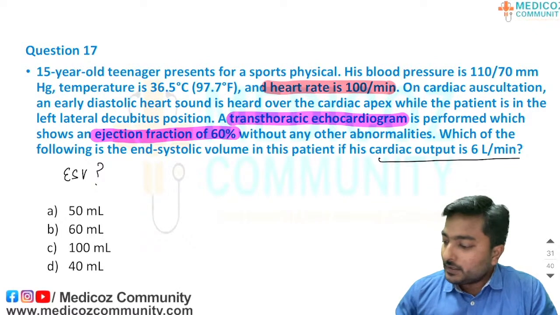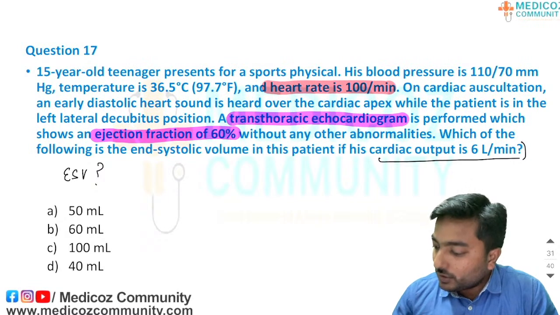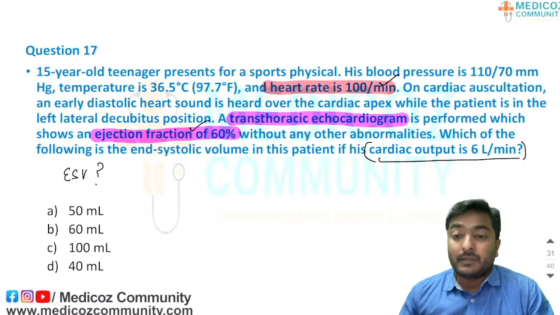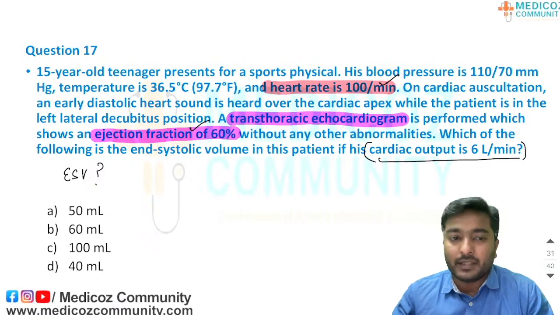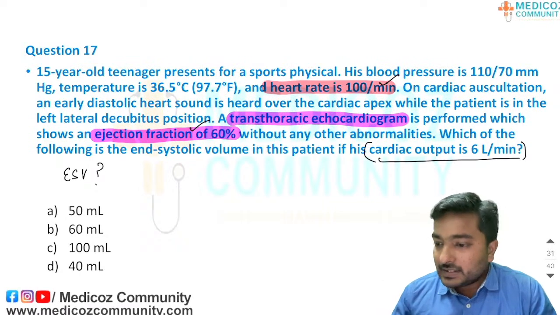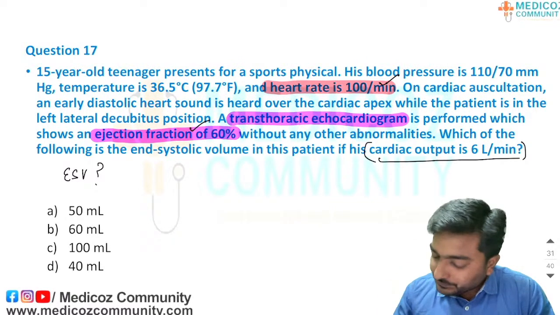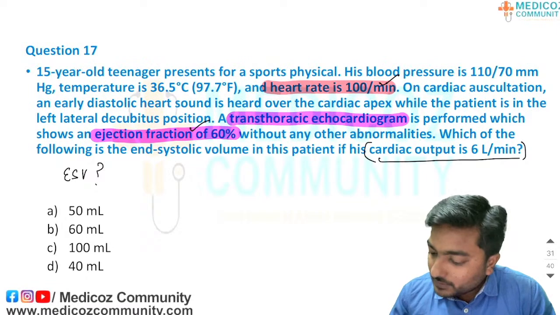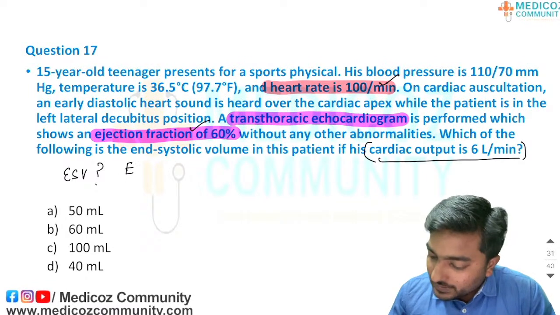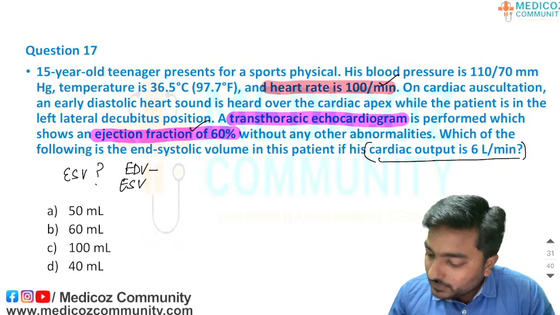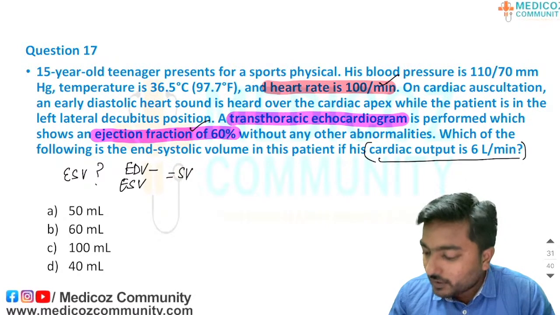Here we are going to use cardiac output, heart rate, and ejection fraction. With the help of these three parameters, we are going to calculate the end systolic volume. Using this formula, end diastolic volume minus end systolic volume is equal to stroke volume, right?